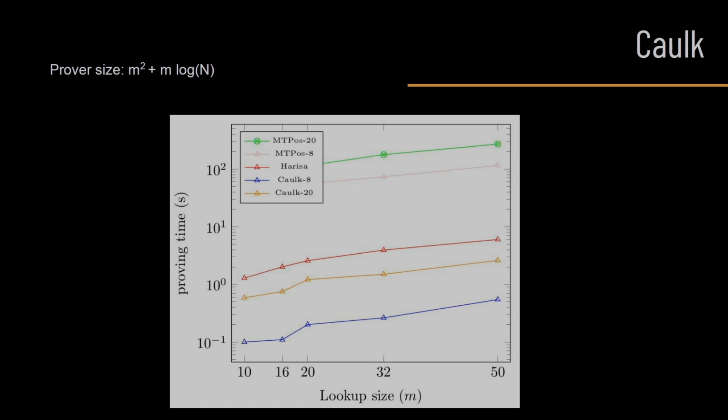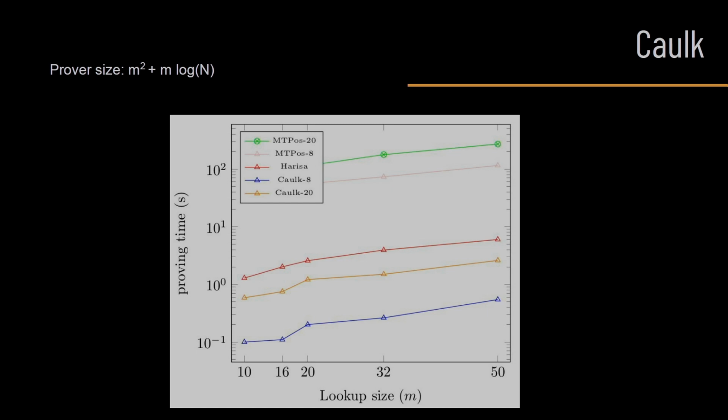Caulk performs quite well. The orange line is when we start with public sets of size 2 to the 20. Caulk still performs nicely. And then the red one is RSA accumulators, only one line, because again, in RSA accumulators we don't really care about the size of the public set. The thing is that we only computed up to 2 to the 20, because that's everything my laptop could handle.